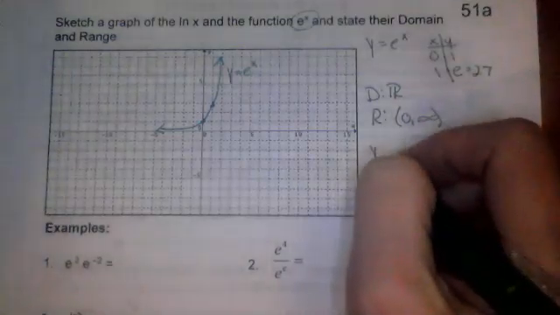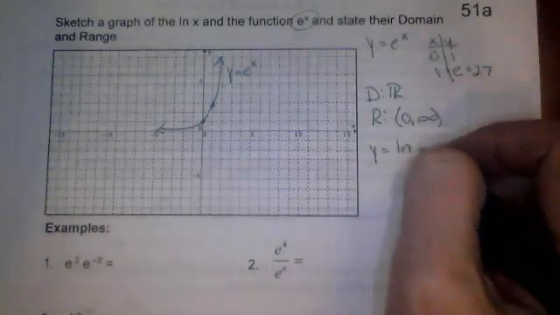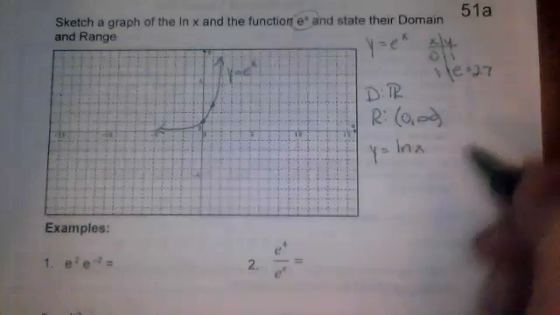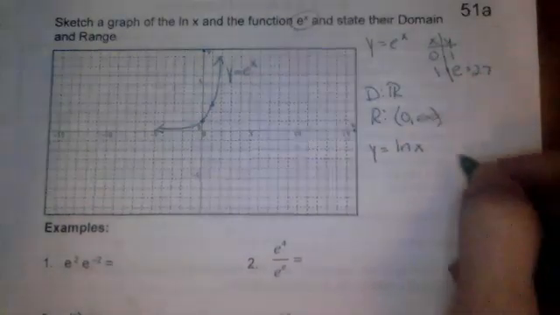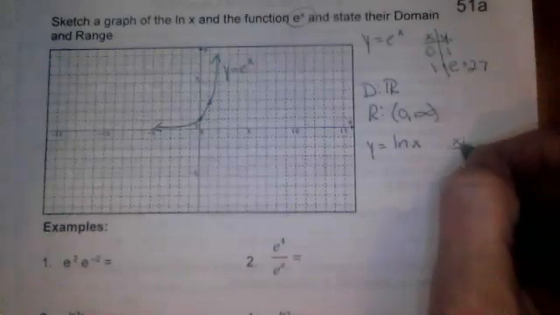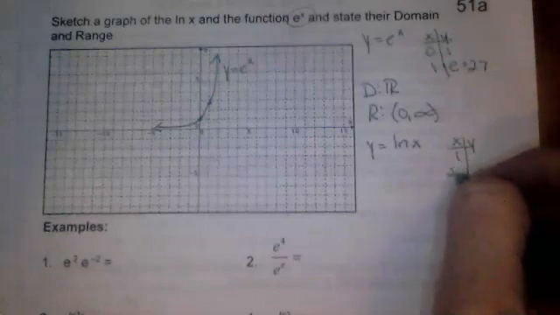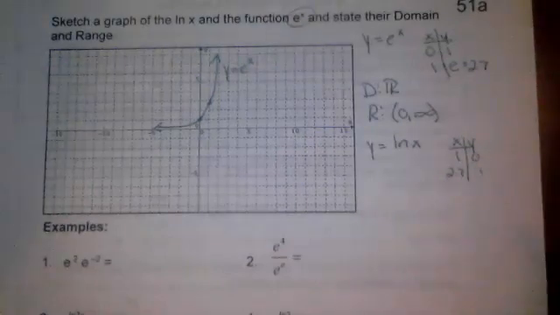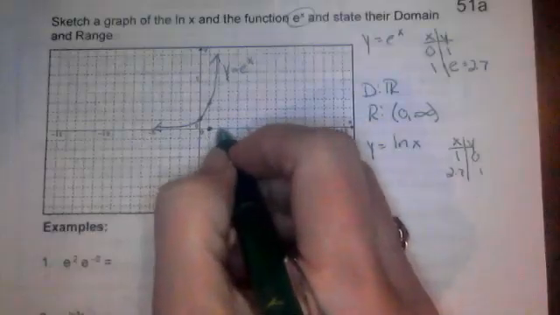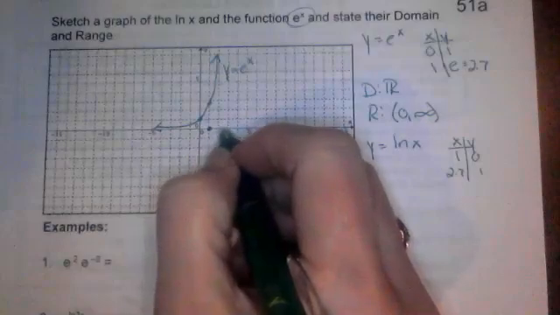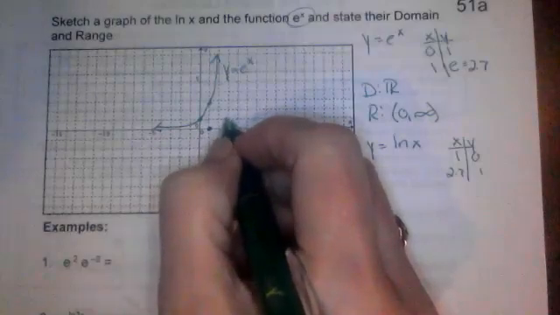All right, if I want to graph y equals ln of x, then that's my inverse graph. And so I'm just going to switch out my points. I get (1, 2.7) and (0, 1), so (1, 0) and (2.7, 1).